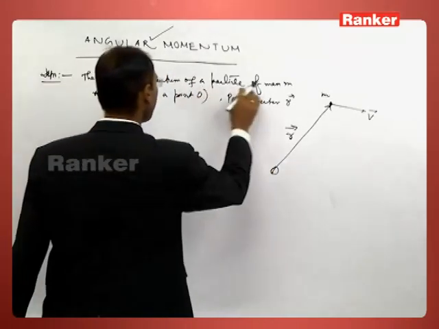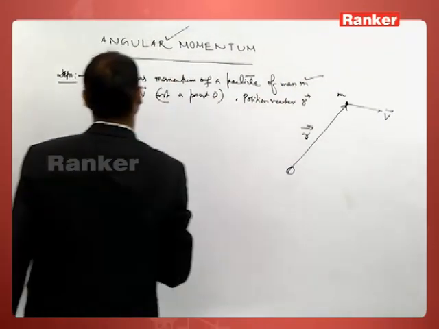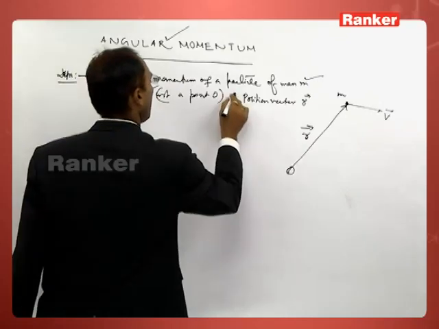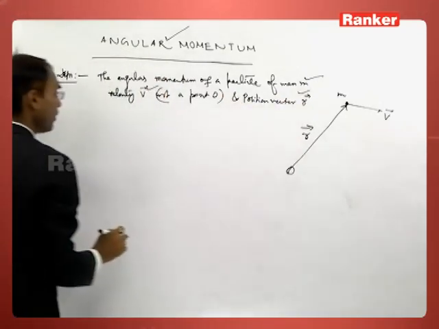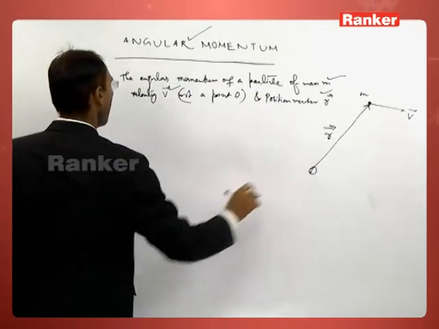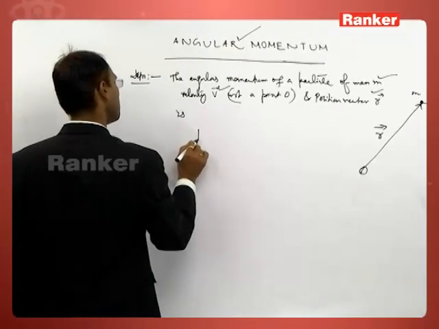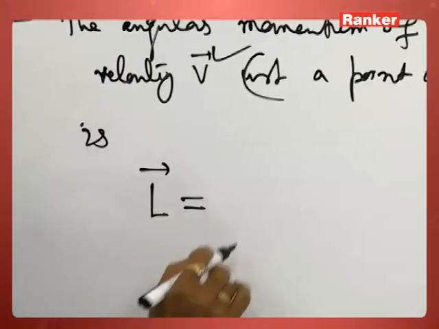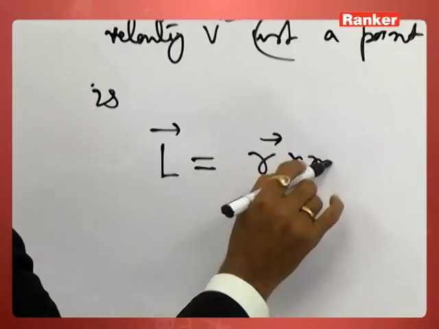The angular momentum of a particle of mass m, velocity v, and position vector r with respect to this point is given as L is equal to r cross mv.